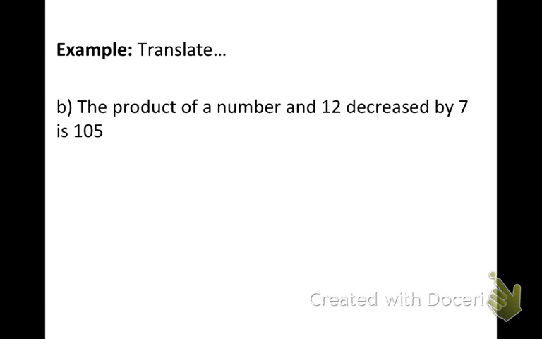Well, it's being multiplied. A number and 12. Decreased by, we have that again, 7 is 105. So the product of a number and 12 looks like what? 12x, good. Why would I not put x12? Just doesn't look good, right? You can always put your number as the coefficient. Is decreased by 7 is 105.